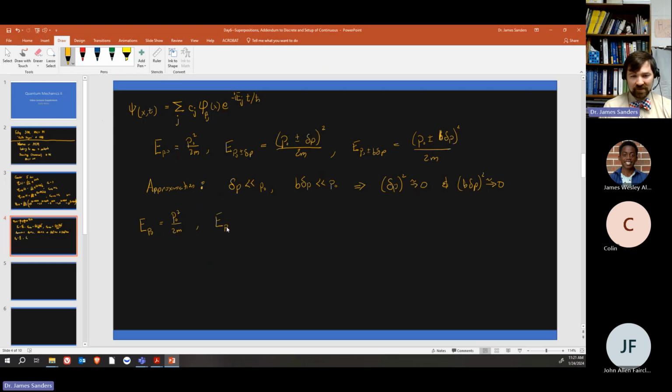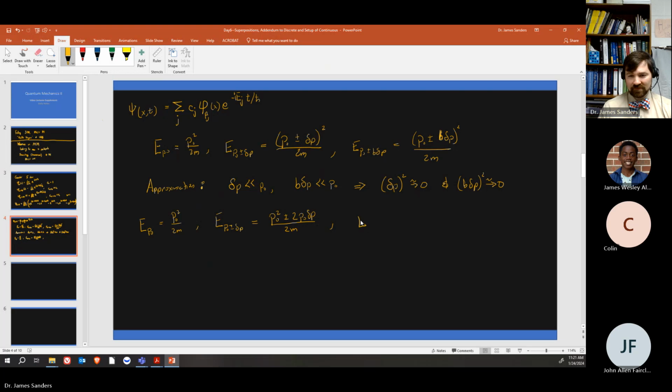E of the inner pair of side peaks becomes just (p naught squared plus or minus 2 p naught delta p) over 2m.